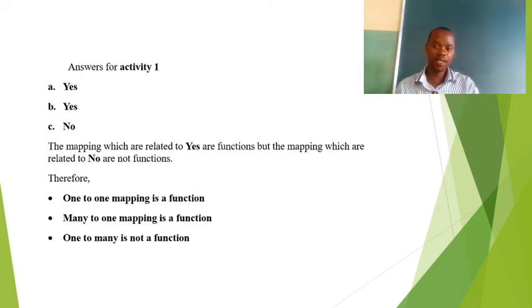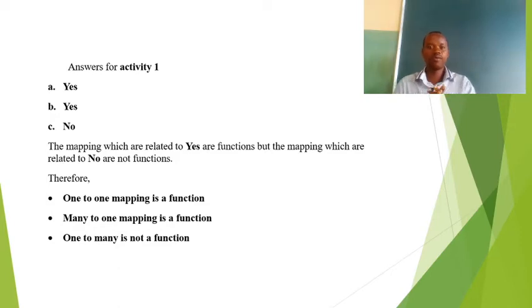For number B, 2 runners can have the same marks. It means that one runner can work on the test and get 8 out of 10, and the other one also can get 8 out of 10. But for number C, no, one runner cannot get 2 different marks in one test.